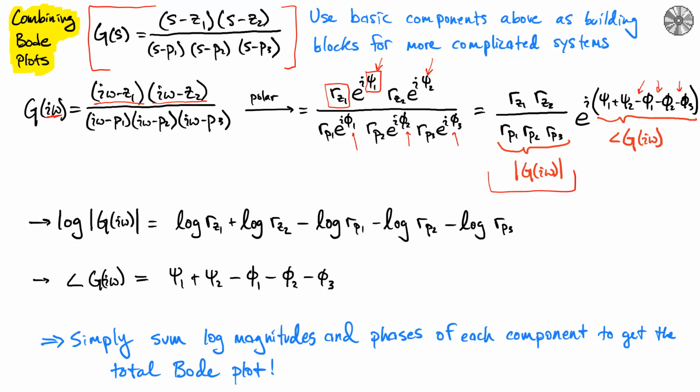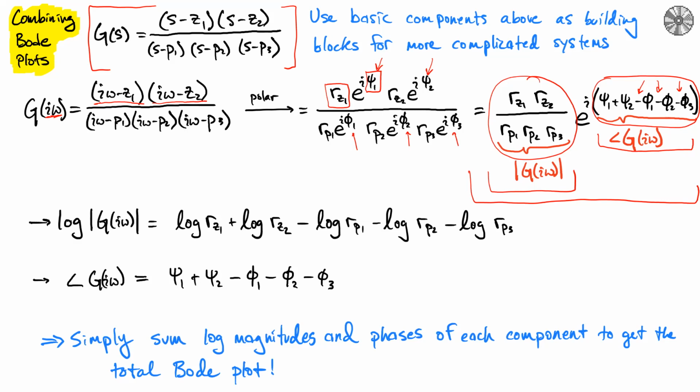And so when we bring them into this exponential, they subtract. And so this represents the phase of this entire thing, remember, this whole thing is a complex value. And so this represents the magnitude, and then this represents the phase. And the cool part here is that we can express the magnitudes all together and we express the phases all together.